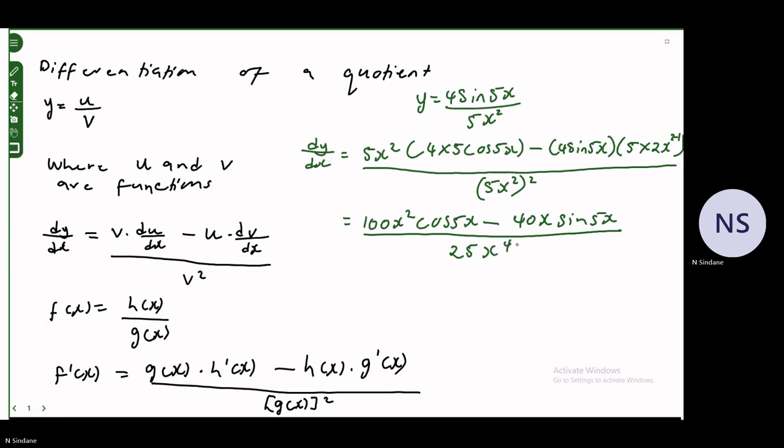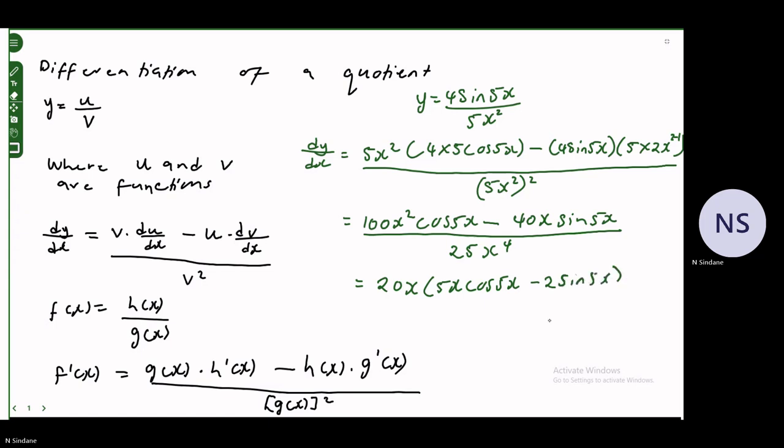And then from there, I can take out a common factor of 20x. If I take out 20x, I'm going to be left with 5x cos of 5x minus 40x divided by 20x, which gives me 2 sine of 5x.